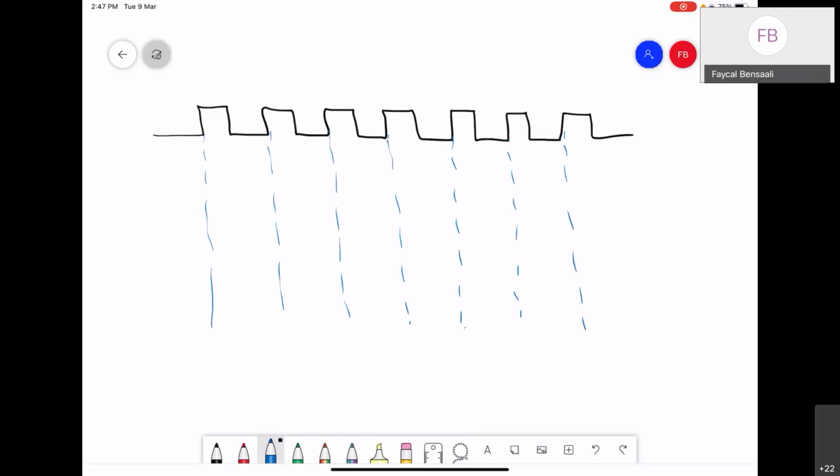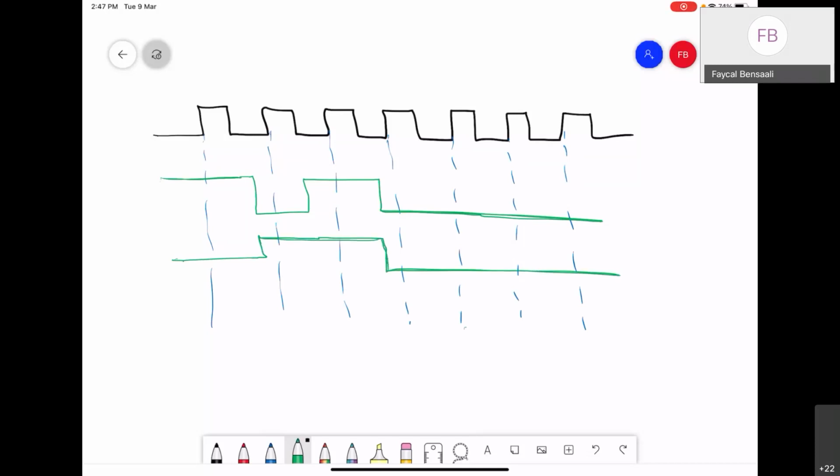And let's say that this is the J. J is like that, and then it goes to 0, for example. I'm just giving a scenario here, a simple example. And then K has this form. What do you think will be the output?